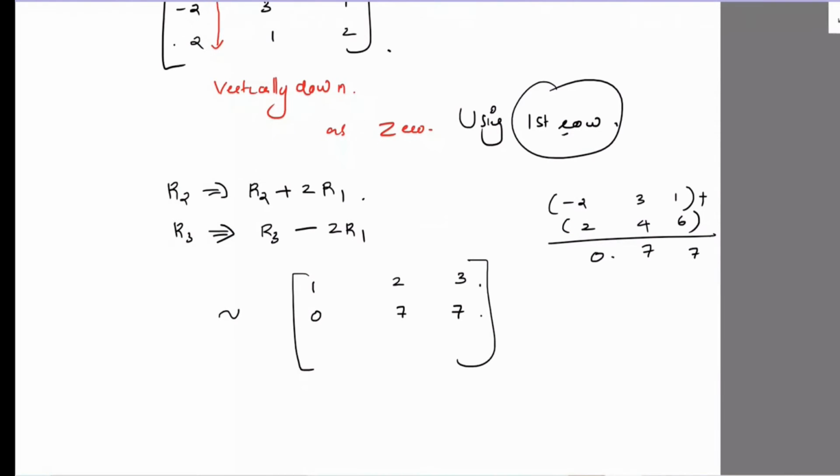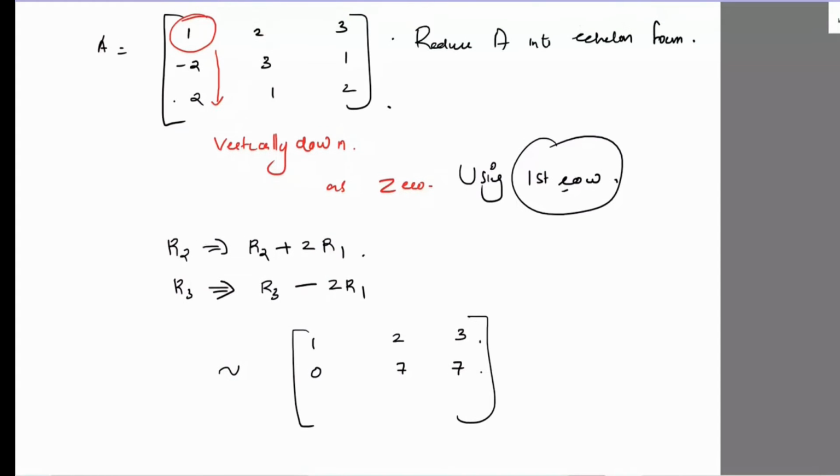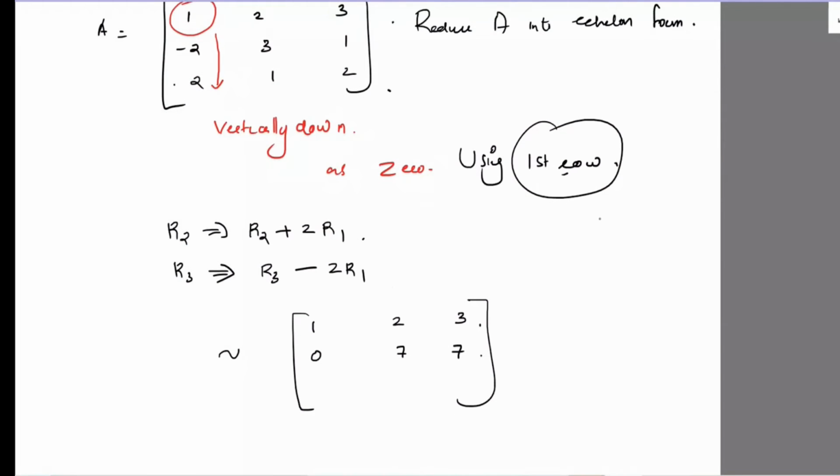And our new R3 will be R3 minus 2R1. R3 is 2, 1, 2, and 2R1 is 2, 4, 6. So by subtracting, we will get 0, minus 3, minus 4.